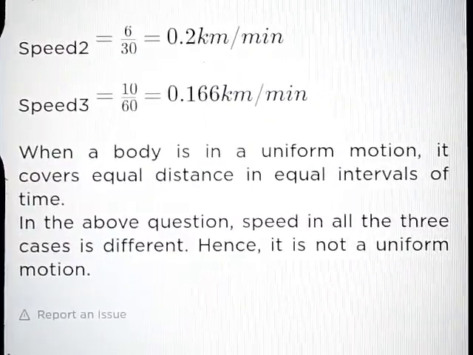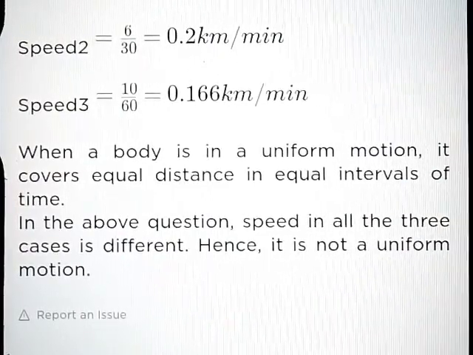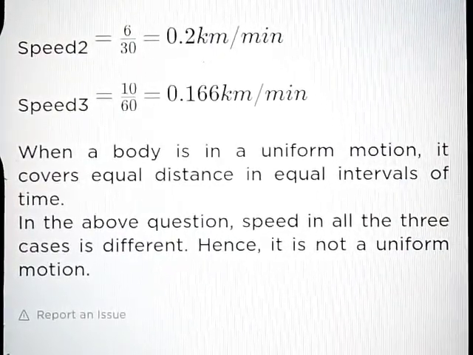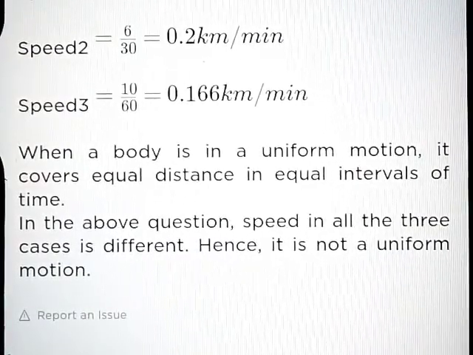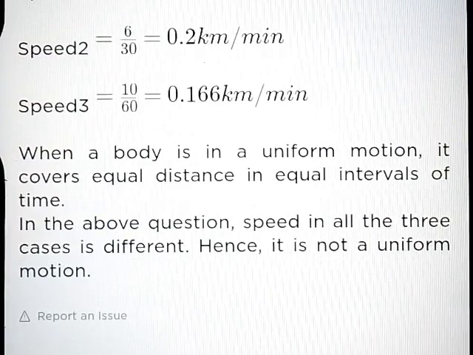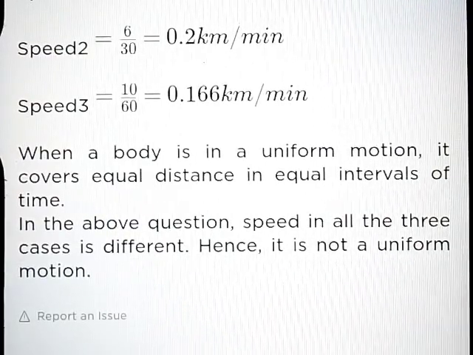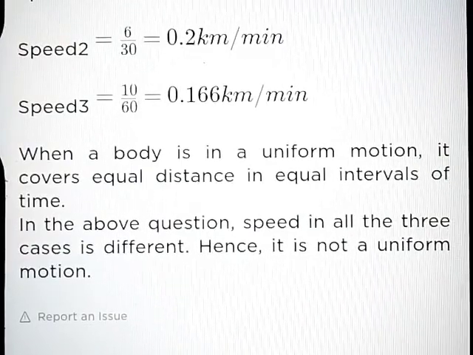Speed 3 is equal to 0.166 km per minute. When a body is in a uniform motion, it covers equal distance in equal intervals of time. In the above question, speed in all the three cases is different. Hence, it is not a uniform motion.